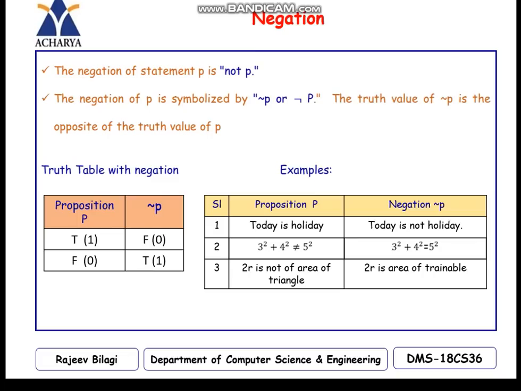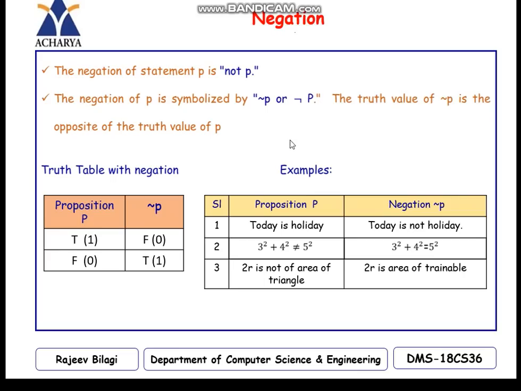Now there are some basic connectives, or basic operations, which you are going to apply on different statements. These basic connectives are very important in the further part of this chapter. The first one is negation.